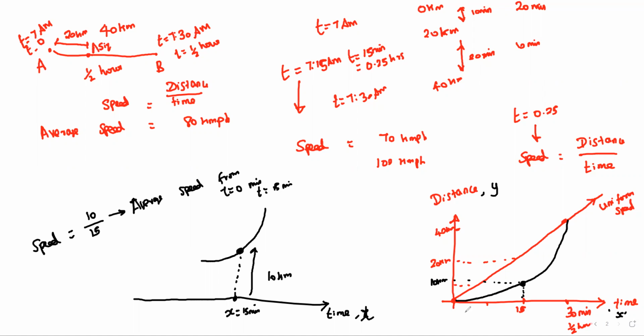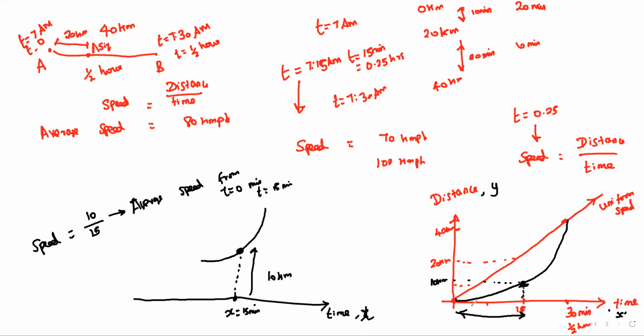It is the average speed of this travel, from this point to this point. But that is not our requirement. I want to find the exact speed at this point.